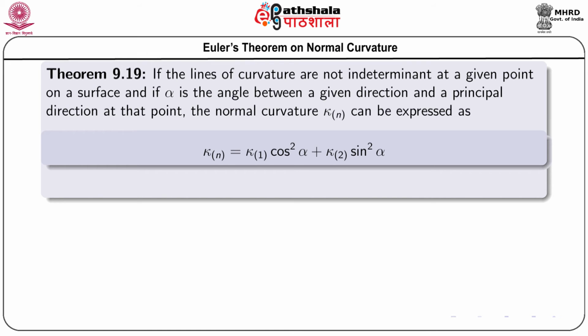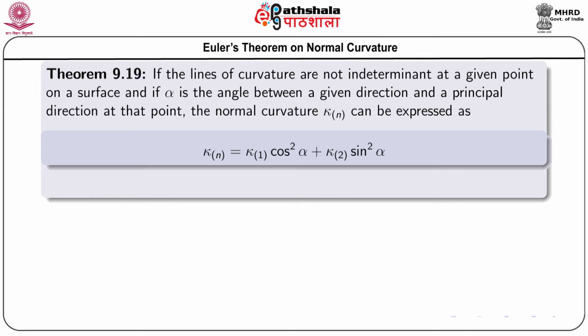If the lines of curvature are not indeterminate at a given point on a surface, and if alpha is the angle between a given direction and a principal direction at that point, then the normal curvature kappa n can be expressed in this form: kappa n equals kappa 1 cos square alpha plus kappa 2 sin square alpha.